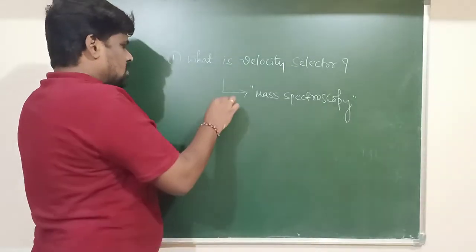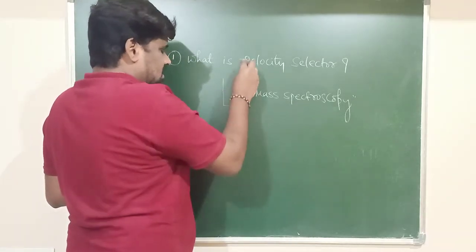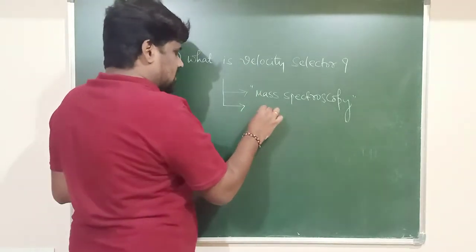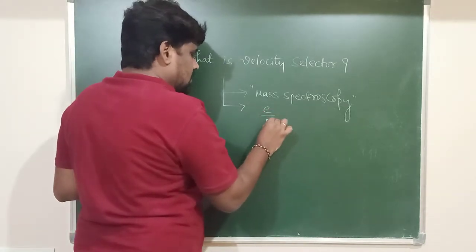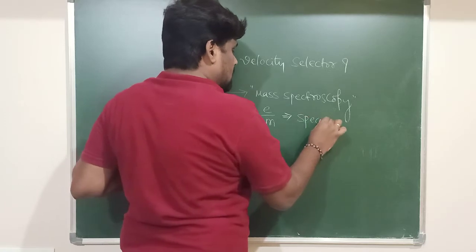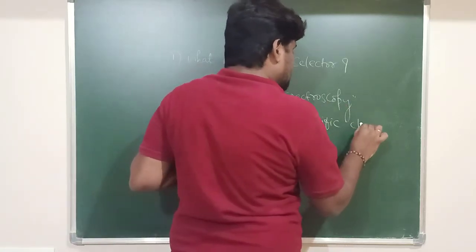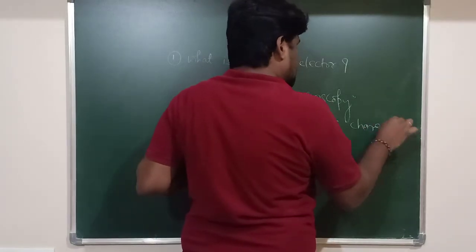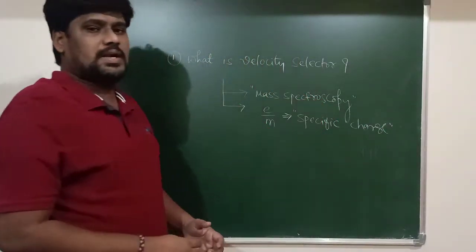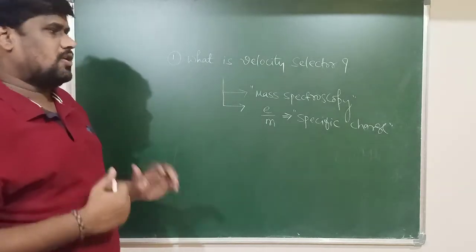The second important application of velocity selector is that it is used to determine e by m. This e by m is also called specific charge. In the determination of the specific charge of charged particles, we are making use of the velocity selector.